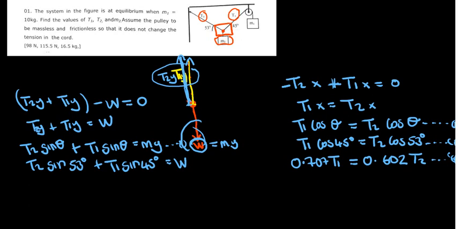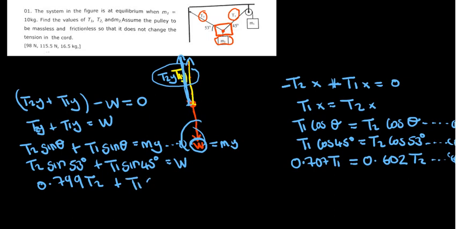Okay, so now let's simplify it. So we say sine 53, so T2 sine 53, so it's giving 0.799. That is our T2 plus what is our T1? We don't have.